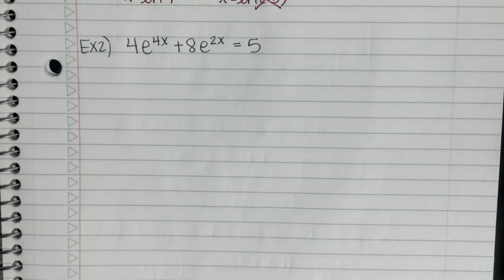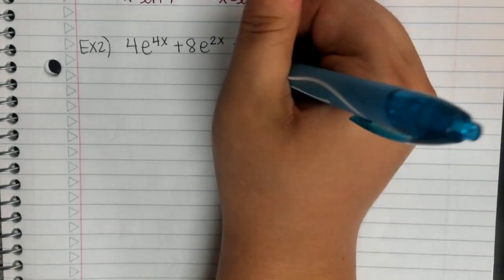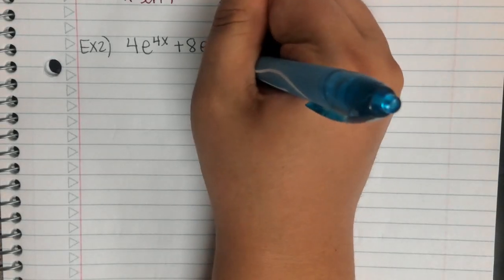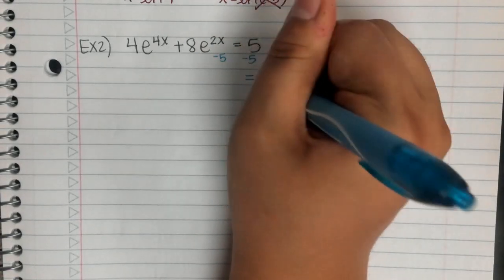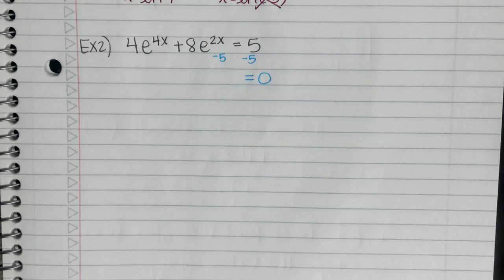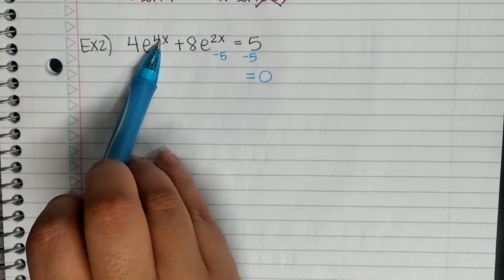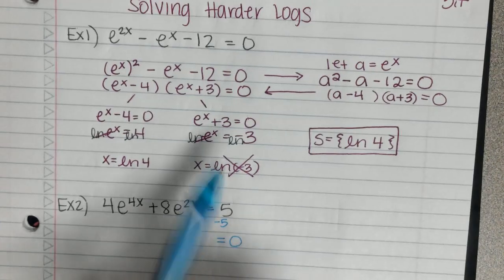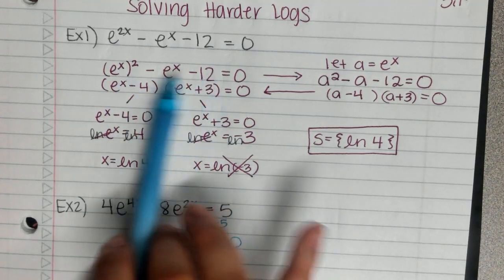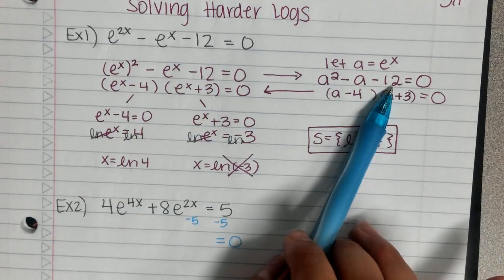What would I do here? Say that louder. I'm going to end up moving the 5 to the other side because I want this to equal 0. Now, when I rewrite this, instead of writing it 4e to the 4x again, remember how up here my goal is to make it look like a quadratic equation?